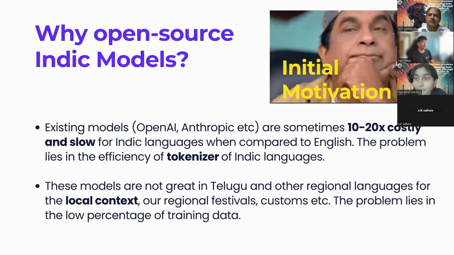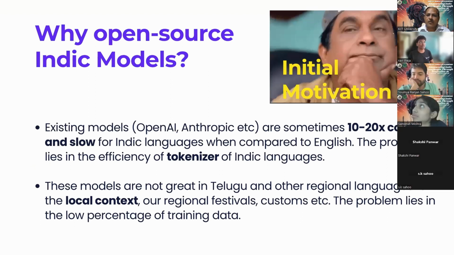So why Indic open source models? The initial motivation was that whatever models are available, like OpenAI, Anthropic, Cohere, are mostly built for Western languages. The training data itself is very rich in Western languages. But for Indian languages, the tokenizer is not efficient.